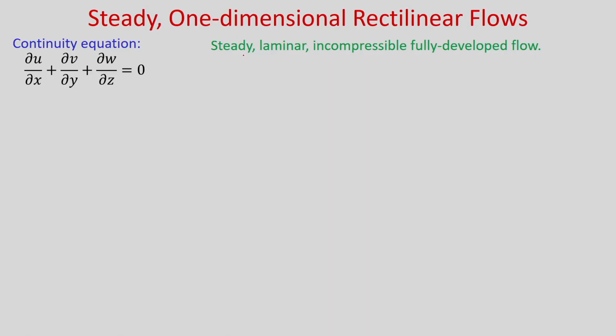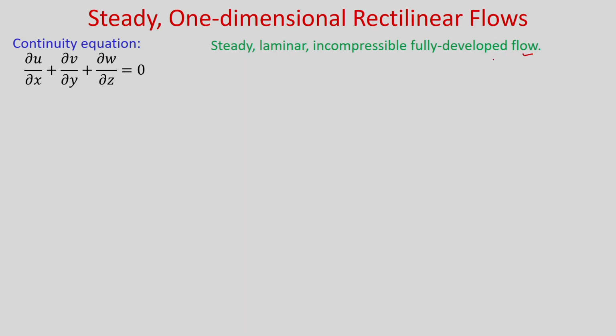Now, let us consider steady one dimensional rectilinear flow, and now we will simplify the continuity equation and Navier-Stokes equation, so that we can have the exact solutions. So, first we are assuming that it is a steady laminar incompressible fully developed flow.